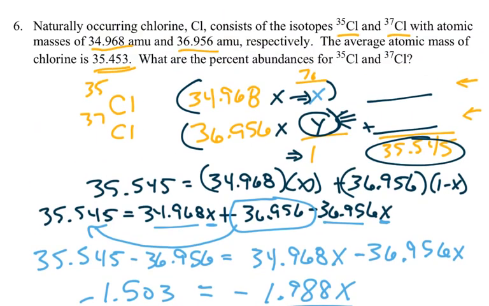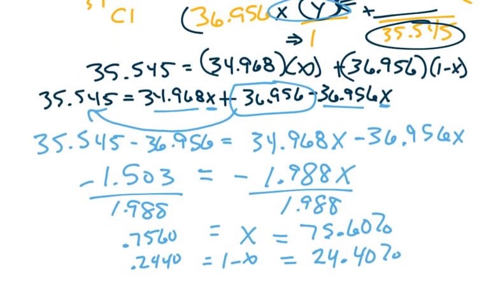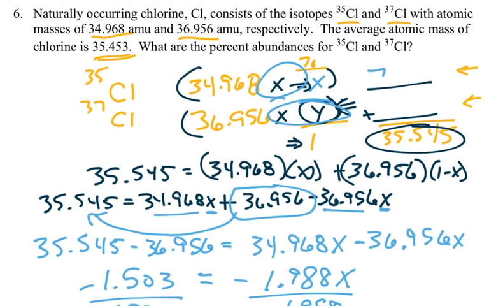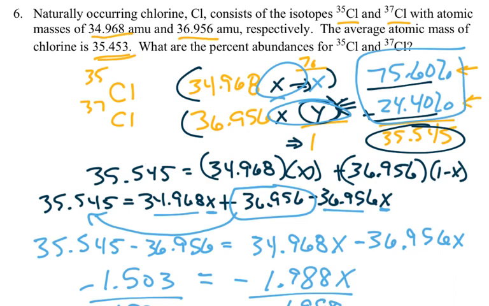So thinking back up here, this one was X, this was 1 minus X. So this one is 75.60%, and this is 24.40%. That's your answer.